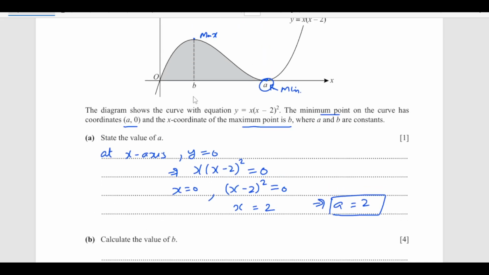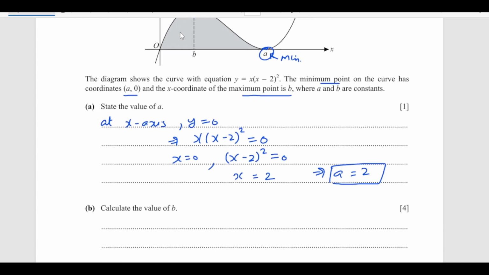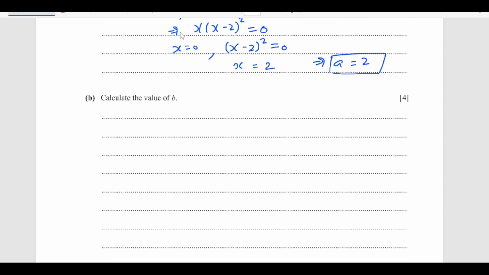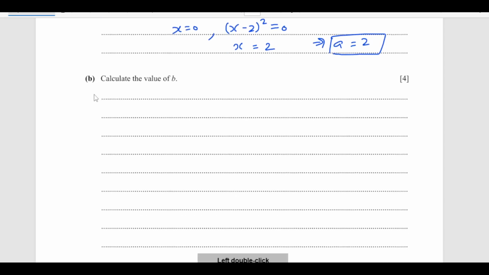Okay. Now, calculate the value of b. If you see, b is a point at which it is a maximum, right? So, it has a coordinate b and something. Now, we have the maximum point at x equals b.